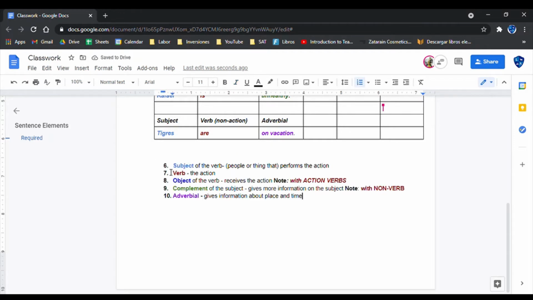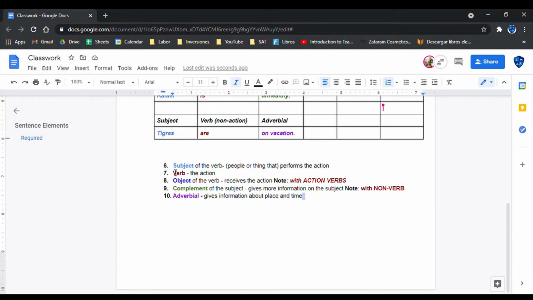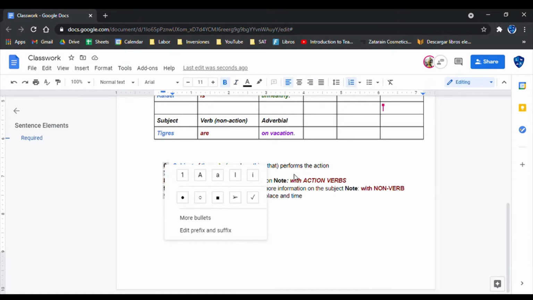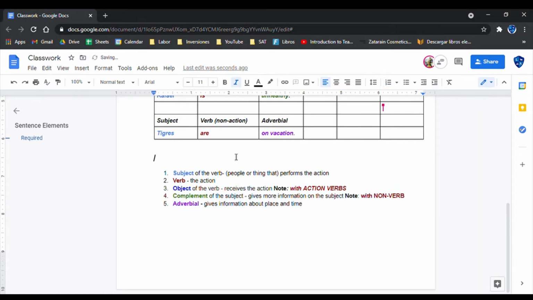And now we have a question to ask. So, what constitutes the elements? What makes the elements?